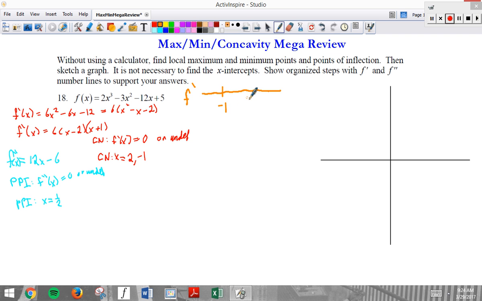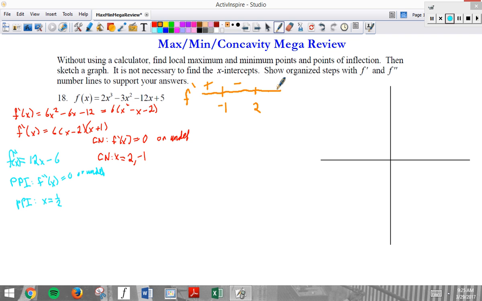So I put my numbers on my number line in order. I'm using the factored form to test for positivity and negativity. 0 is a nice one to test in here. I'm not going to write 0 because I don't want to make it look like there's another critical number. But at 0, we are negative.